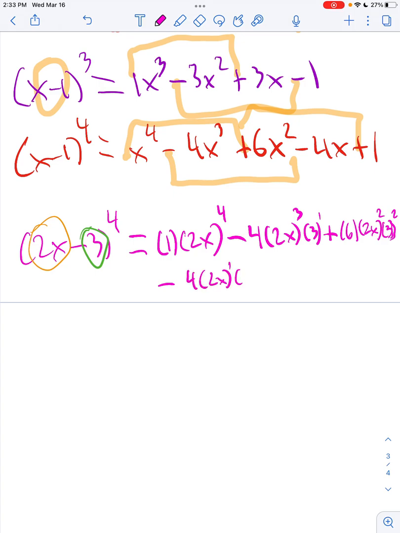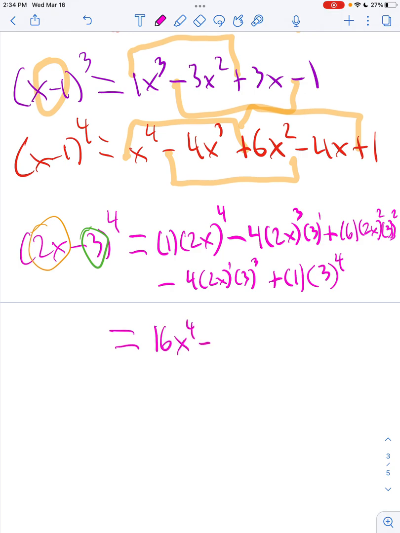Minus 4 times 2x to the first, 3 to the third, and then plus 1, 2x to the 0 power cancels out, so we are just left with 3 to the fourth.